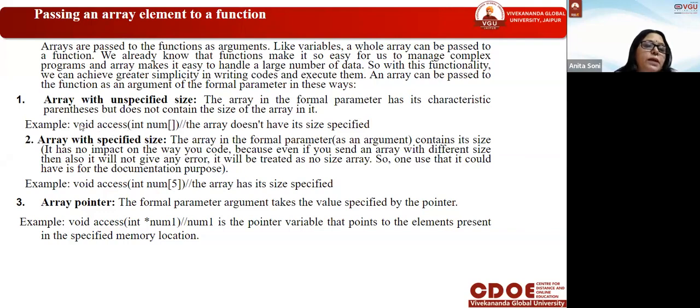So this is the return type. This is the name of function. Here you have declared num is of an integer data type, and here you are not mentioning the size. So without mentioning the size, you can also pass an array. Another approach is you can mention the size of the array, like this way: void access is the name of function, and here num is an integer array of size 5.